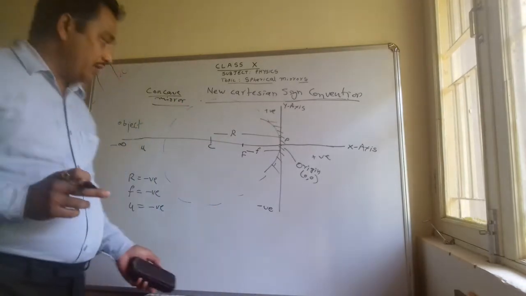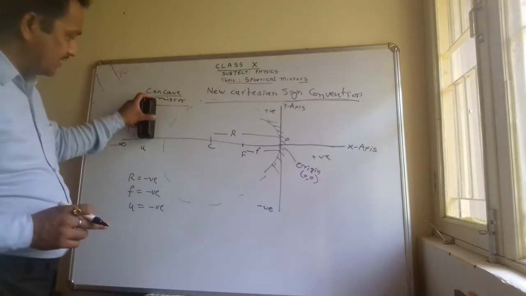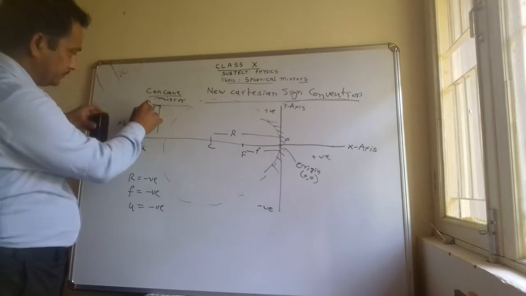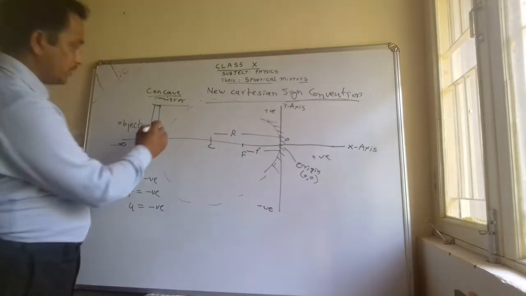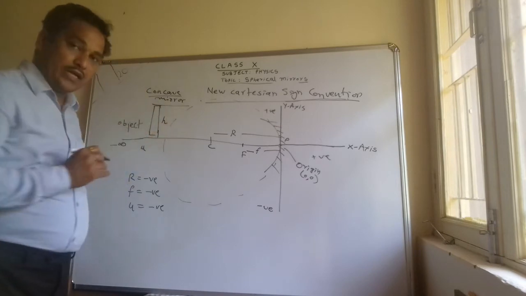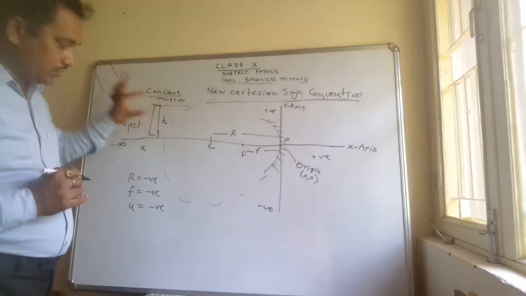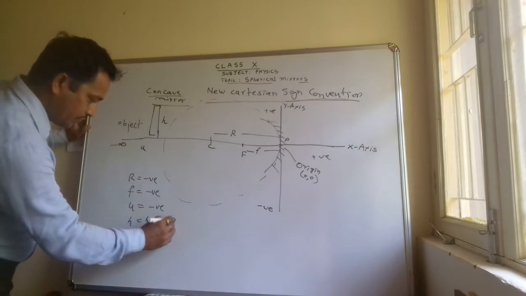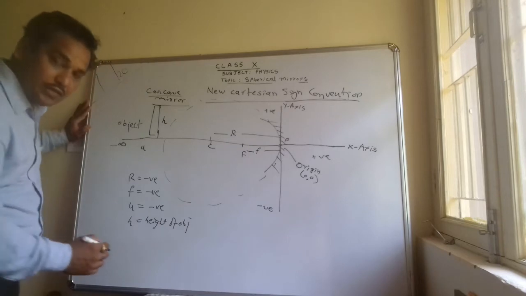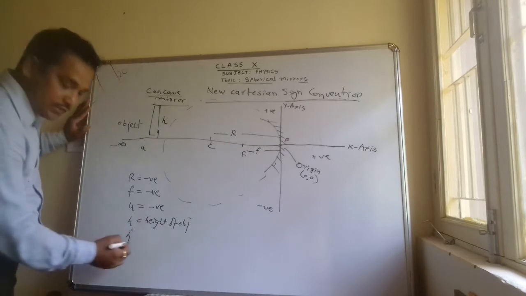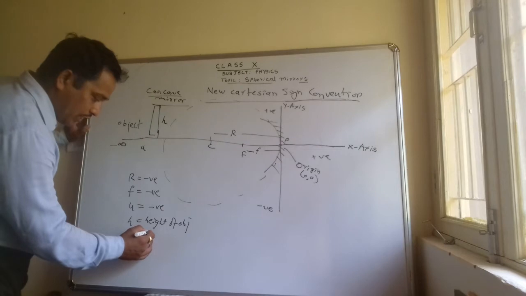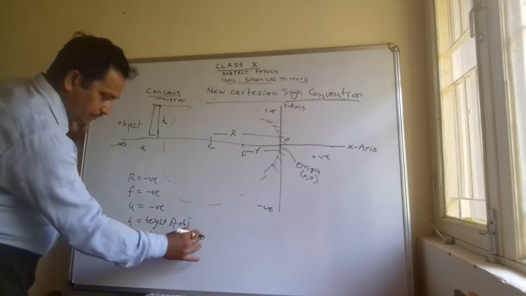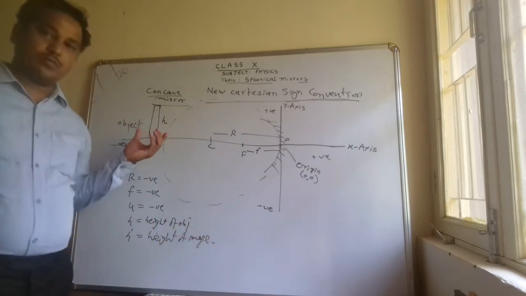Similarly, the height of the object, any object kept here. For example, this is the height of the object, h. h is the variable used for the height of the object. And similarly h dash, the variable we are choosing for the height of the image, which will be formed when we keep the object here.